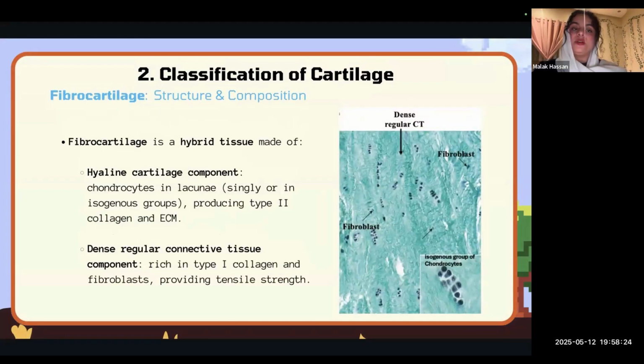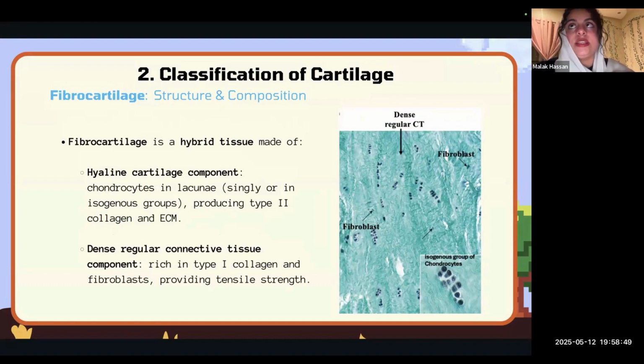Now, let's talk about fibrocartilage. So we've talked about hyaline cartilage, elastic cartilage. Now let's talk about fibrocartilage. What is fibrocartilage? Fibrocartilage is basically made up of two things, okay? From the name, fibro, it has a dense regular connective tissue component, rich in type 1 collagen and fibroblasts, okay?